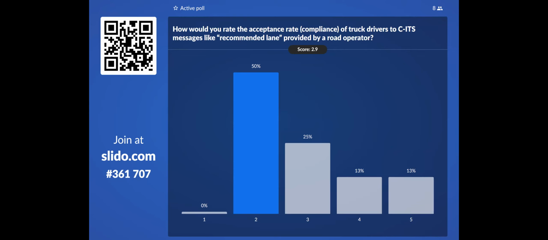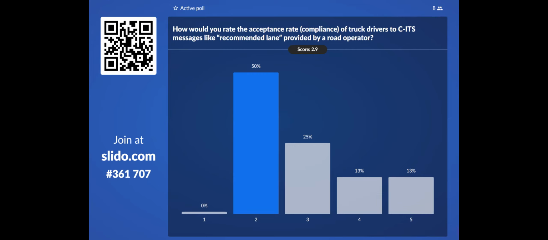Yes, to be honest, that is the answer that we have kind of expected here as well, because taking the point of view of a truck driver, changing the lane due to smaller incidents might be considered inconvenient for the driver himself.